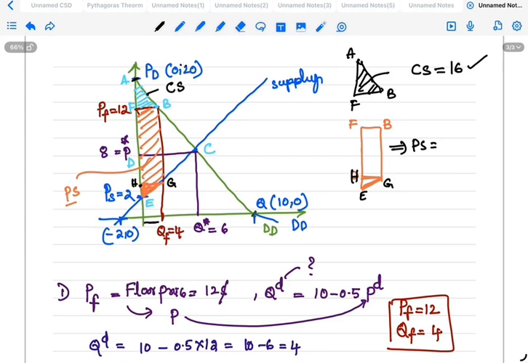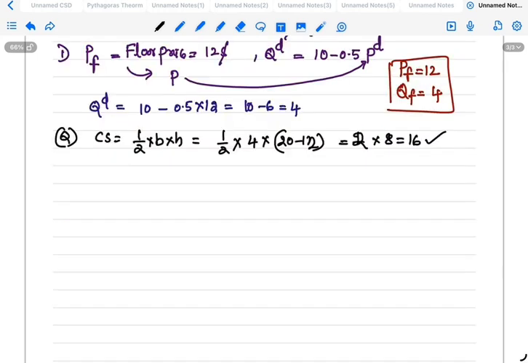At Q equal to 4, how do we find this triangle? This value is 2, so this is the point (0, 2), but we want this value. What is the supply function?